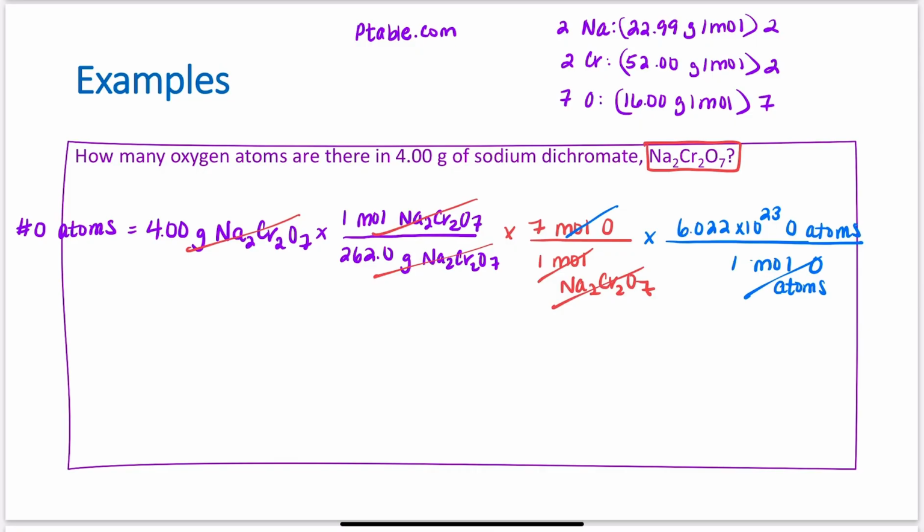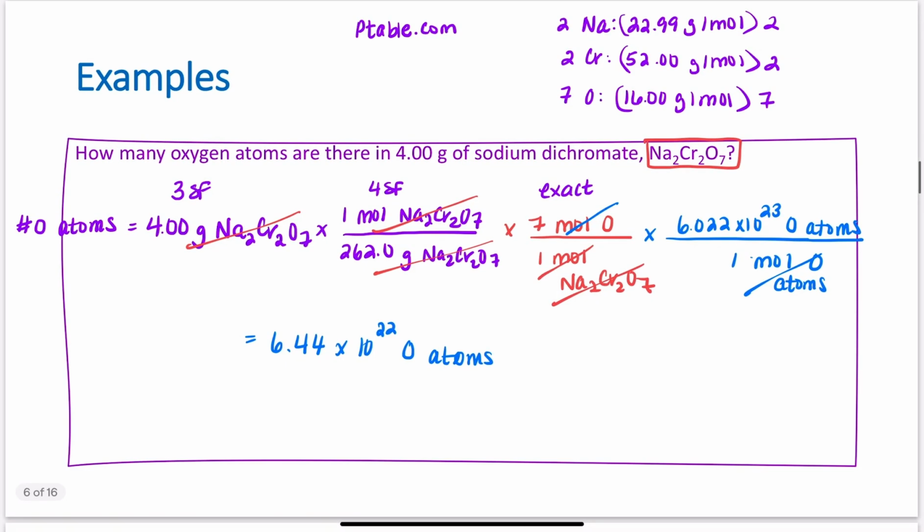Plug this in your calculator, and you should get 6.44 times 10 to the 22nd oxygen atoms. So again, I had 3 sig figs here, 4 sig figs here. This is an exact conversion, so it doesn't limit sig figs. 4 sig figs here. My final answer can have 3 sig figs.